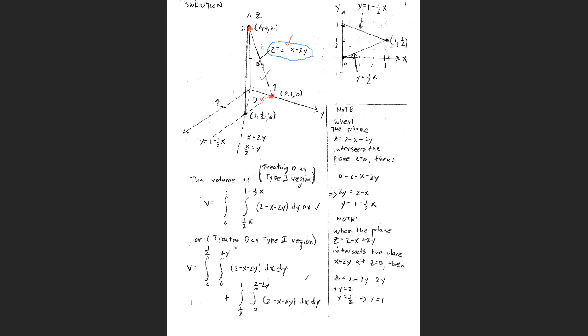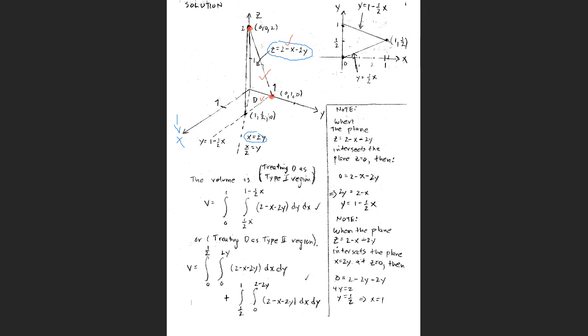Okay, now on the side we have the plane x equals 2y. There's an x here, class, by the way.